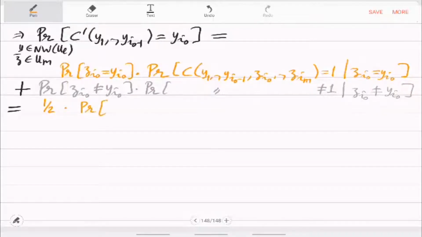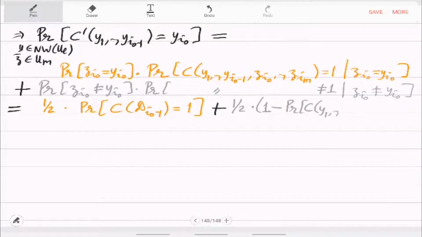So the probability of C on Di0 minus 1 being 1, that's what it is, plus another half times the probability of C not being 1, which will be 1 minus the probability of C being 1 on yi0 complement, and the remaining is Zi0 plus 1 through Zim equal to 1.